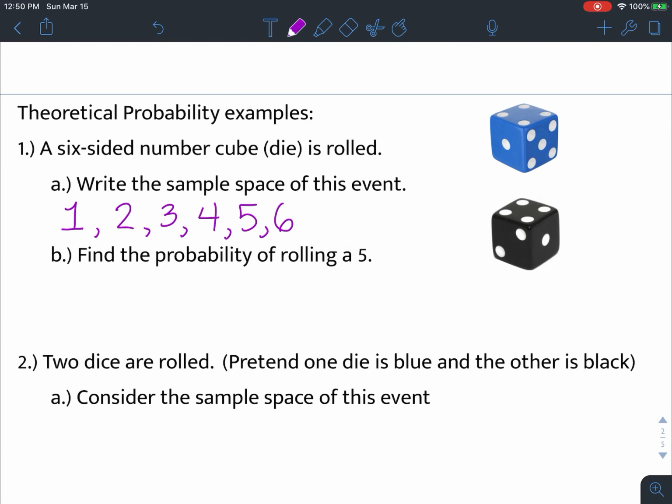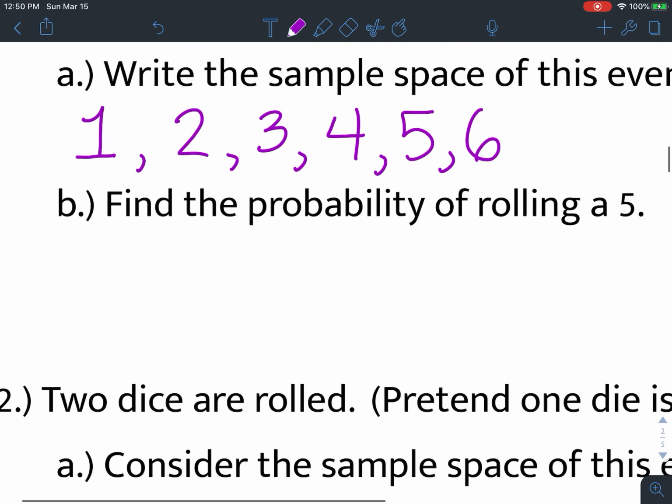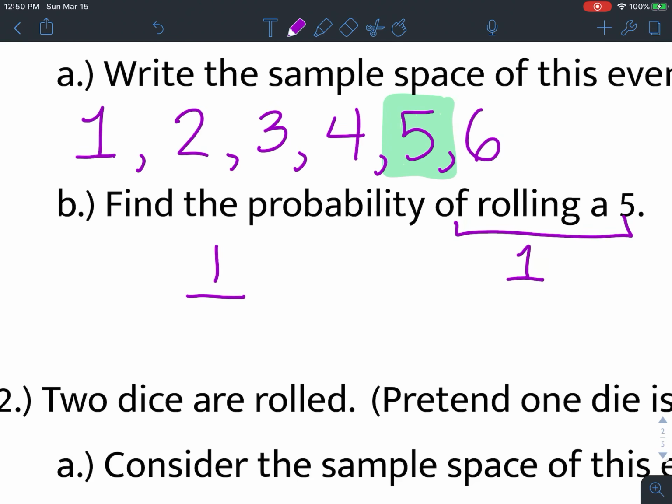That's the sample space because those are the events that could happen when I roll a die. What's the probability of rolling a 5? Well, I can only roll a 5 one way, and that's to roll a 5. So because there's only one way to roll a 5, and there are 6 possible things that could happen, then the probability is 1/6.